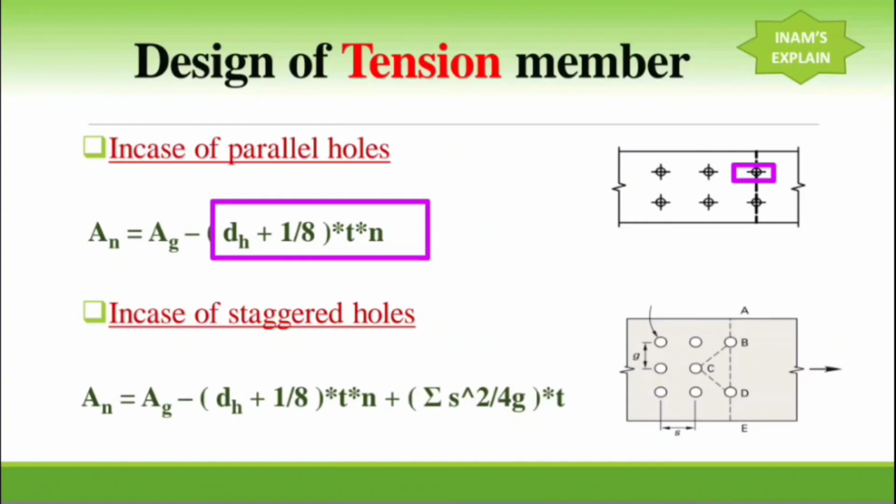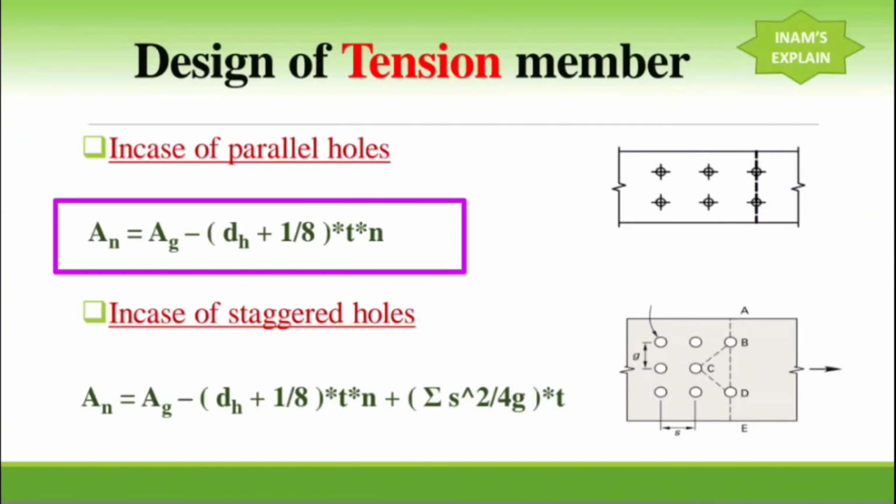We get the area, and n represents the number of holes. How many holes occur in the failure plane? In this case n will be 2 because the failure plane is here. So the total number of holes in this failure plane is 2. This will be the net area in case of parallel holes.